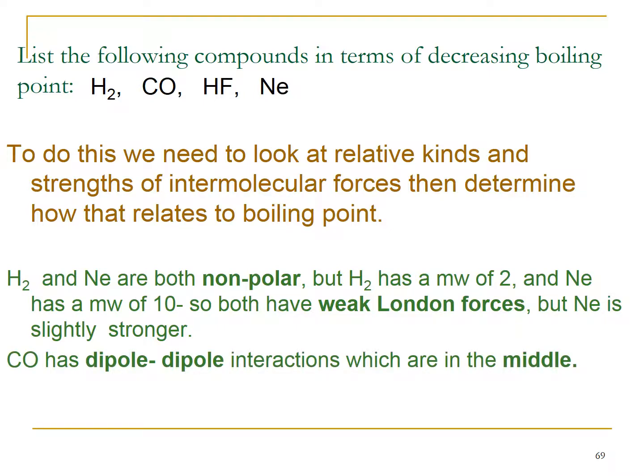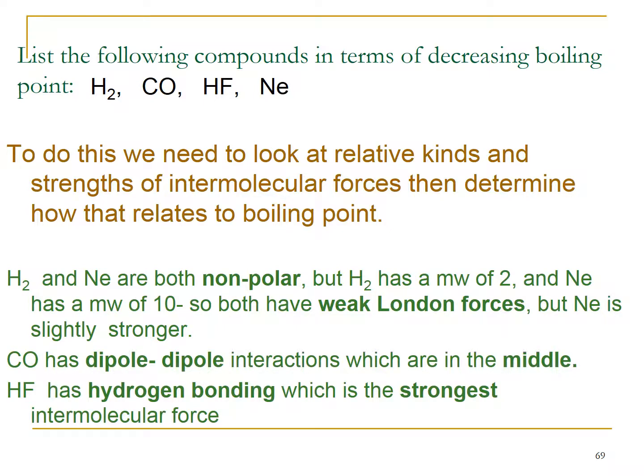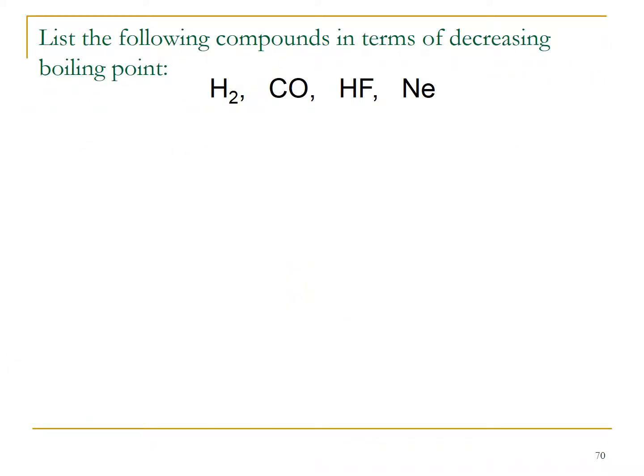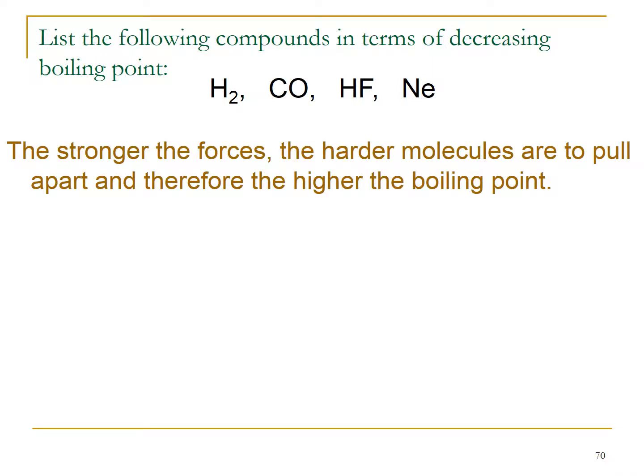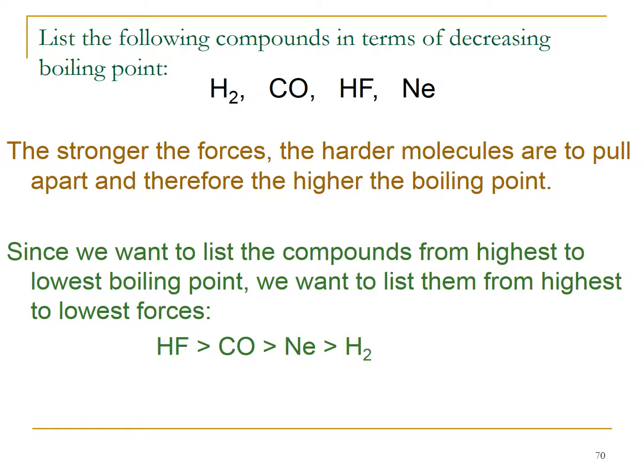Again, CO has a dipole-dipole interaction, and HF is hydrogen bonding. If we list these in order, the strongest forces are the hardest to pull apart, so they have the highest boiling point. So HF would have the highest, and then CO, and then Ne, and then H2.